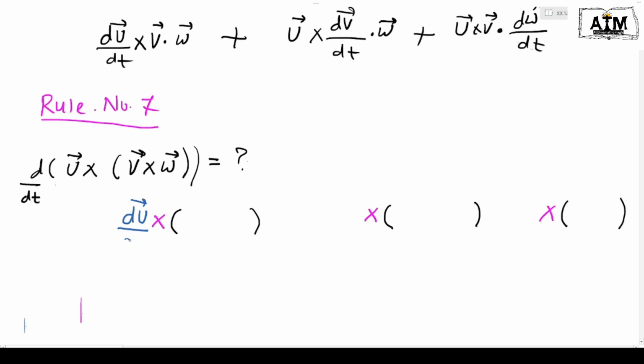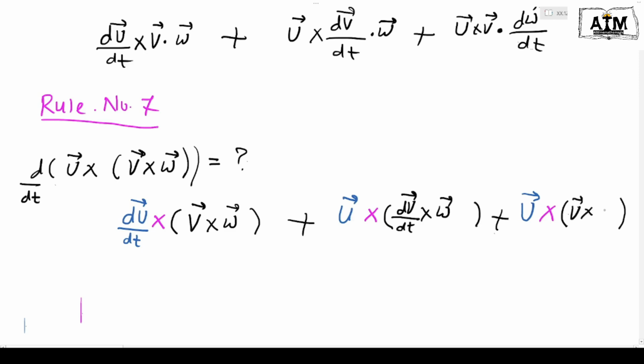Write down du by dt, derivative of vector u with respect to t. Then here only vector u, here is also only vector u. After that, in the first bracket, write down vector v cross vector w, and here is a plus, here is also plus. After that, in the second bracket, derivative of vector v with respect to t cross w. In the last bracket, vector v cross derivative of vector w with respect to t.